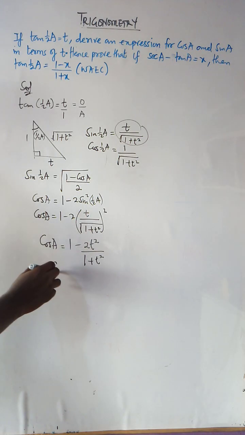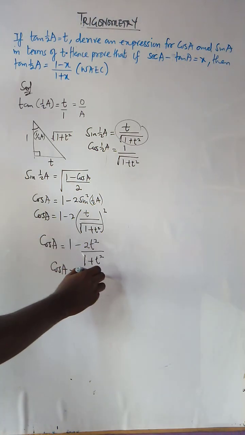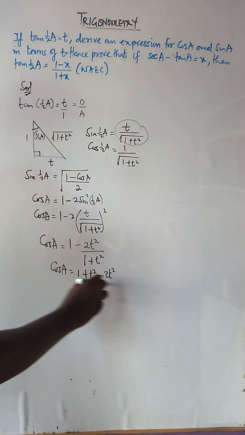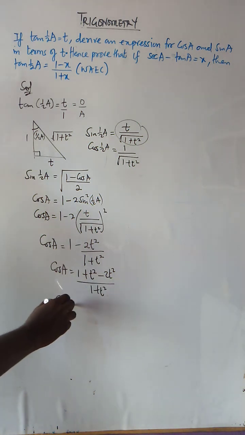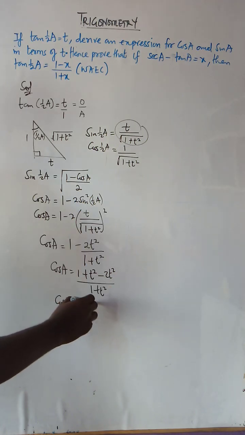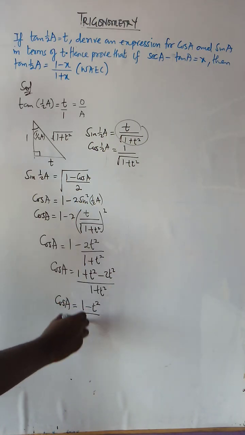So we can write this as cos A equals (1 plus t squared minus 2t squared) over (1 plus t squared). From here, cos A equals (1 minus t squared) over (1 plus t squared).